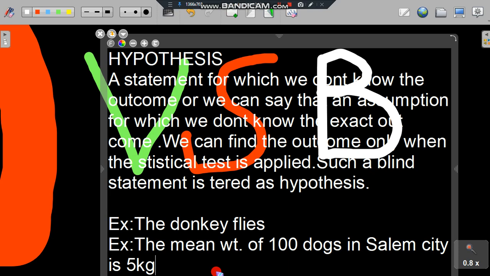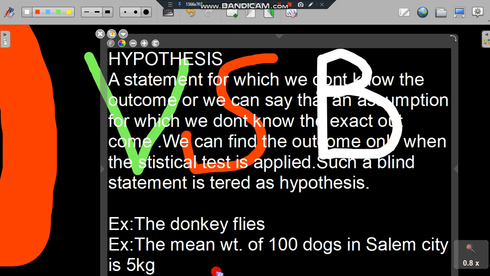Okay, so hypothesis is nothing but a blind statement for which we don't know the outcome. It may be true or false, it may be accepted or rejected. This can be justified by the statistical test of hypothesis.